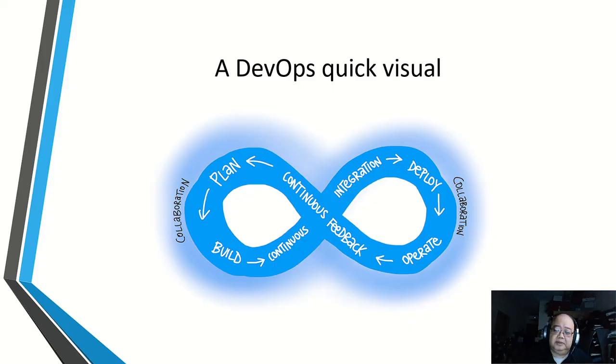I'm not showing the bug fix because bug fixes come from the continuous feedback, but they also come from the build, because when a bug is found by the unit test, you have to fix it as soon as possible. And if there is a bug in the test space, it should be here, the test to the SIT, UAT before going to production.